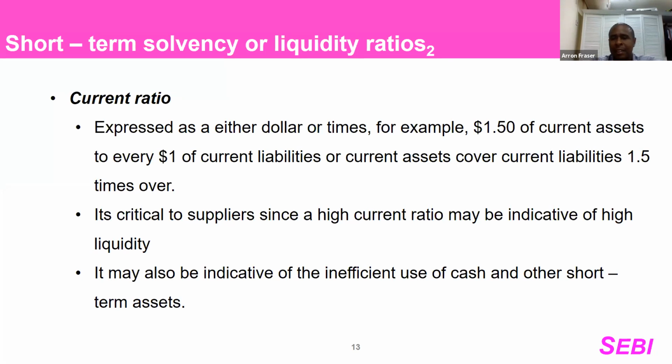Current assets of 1,500 divided by current liabilities of 1,000 gives you 1.50. So you'll say for every dollar of current liability, you have $1.50 of current assets. Alternatively, you can say your current assets cover current liabilities 1.5 times.